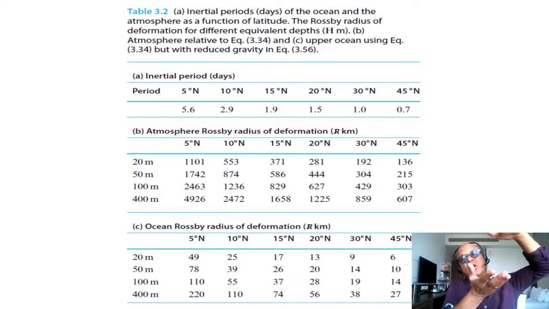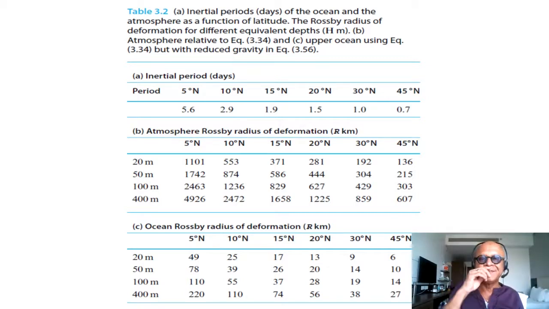A deep water wave is one which doesn't feel the bottom. So H becomes very critical for the ocean. We will see that because ocean is stratified, you can assume the water column above the thermocline as the equivalent depth. So here are the periods at different latitudes, going from 5.6 to 0.7 in days.